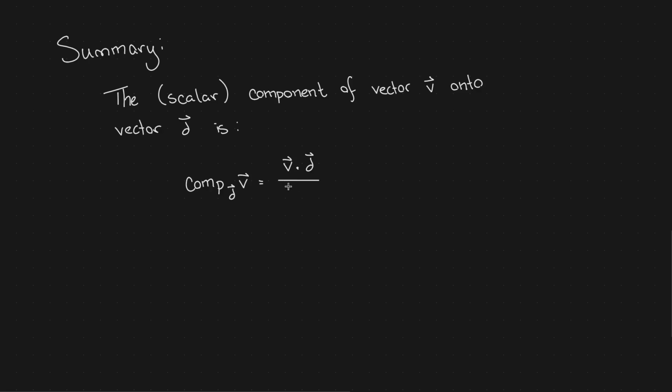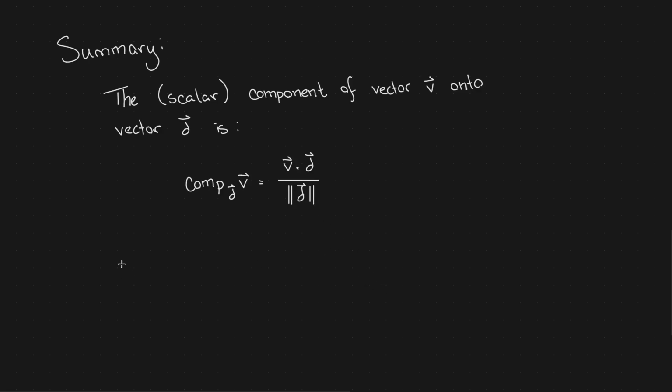The scalar component of vector v onto vector d is, and we use the notation, component of vector v onto vector d is v dot d over the norm of vector d.